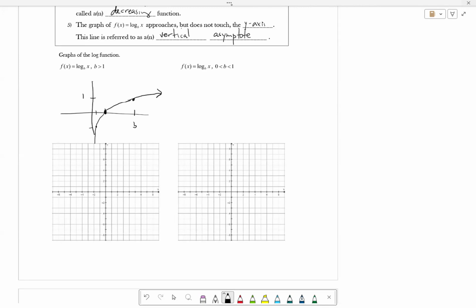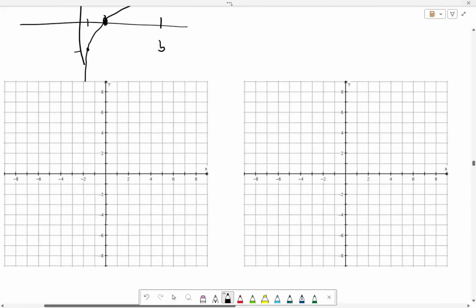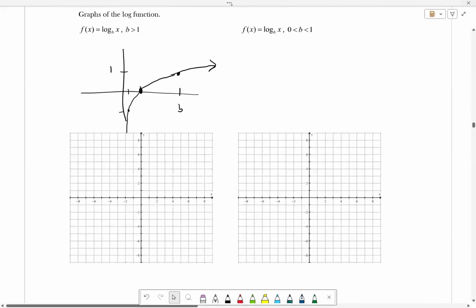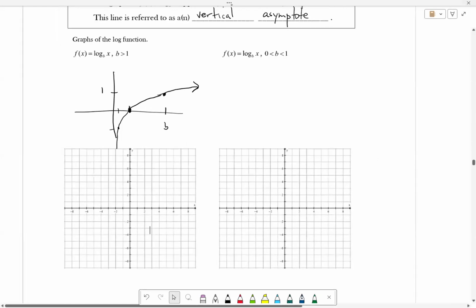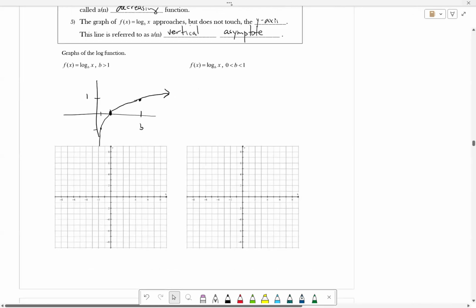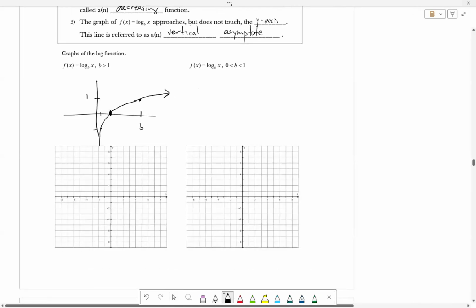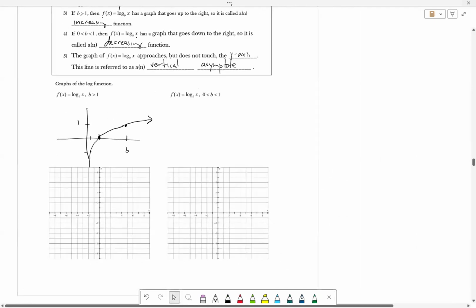That graph is way too small. Just trying to graph this kind of detail on here is a little difficult. And also b is a variable, or an arbitrary constant, so I don't want to nail it down. I'm going to erase this. We're not going to deal with this one.